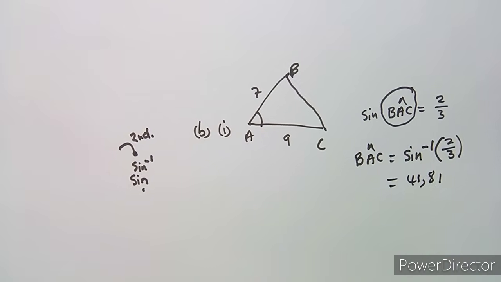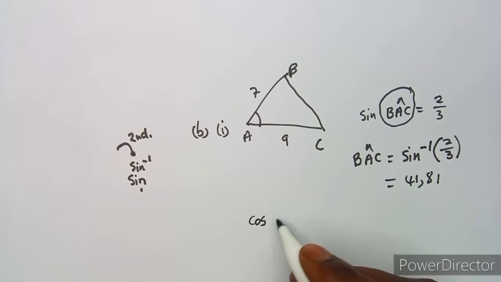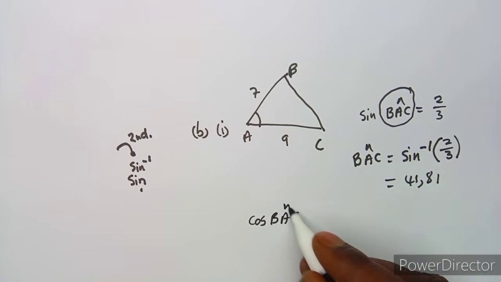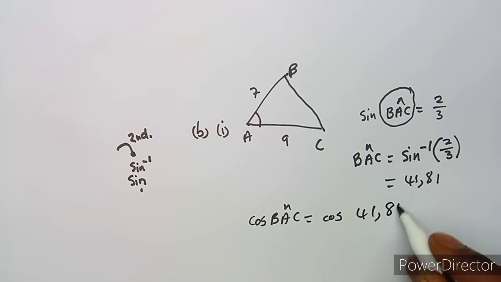So that is our angle that we are obtaining actually. But now the question is not about this angle that we are given. We want to calculate the cos of that angle. So cos BAC simply means cos of this angle 41.810, and so on.